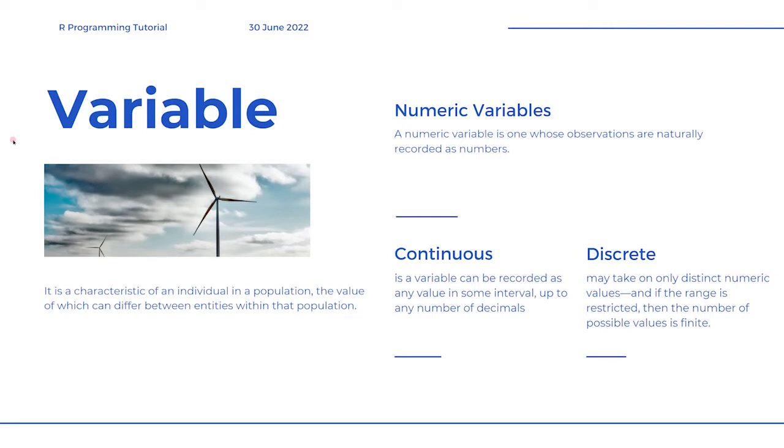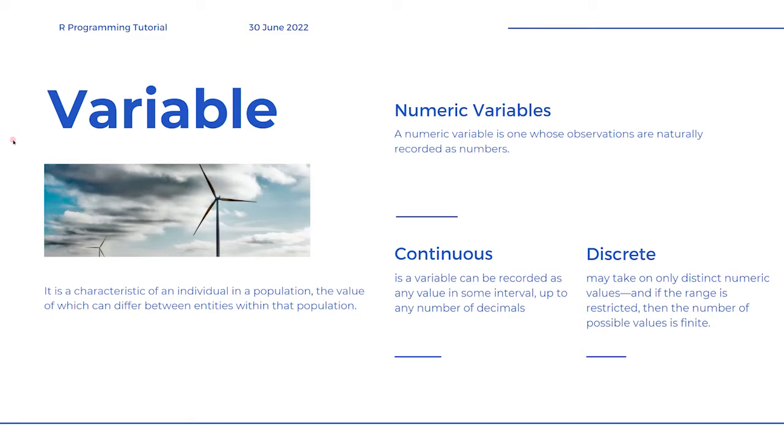A discrete variable, on the other hand, may take only distinct numeric values. If the range is restricted, then the number of possible values is finite. For example, if you're observing the number of heads in 20 flips of a coin, only whole numbers would make sense. It will not make sense if you observe 15.42135 heads.